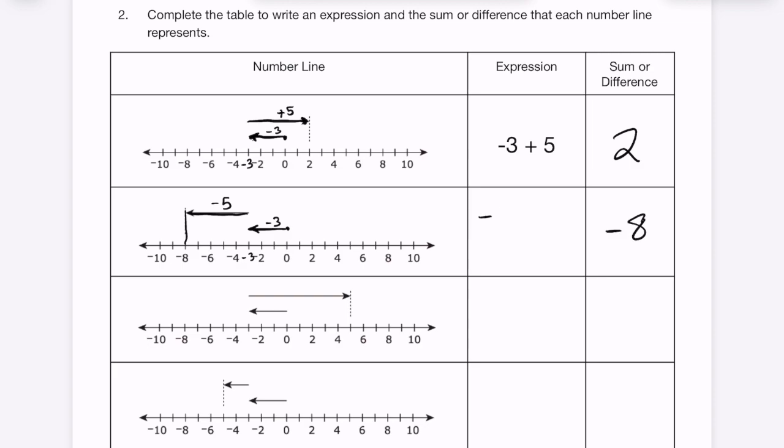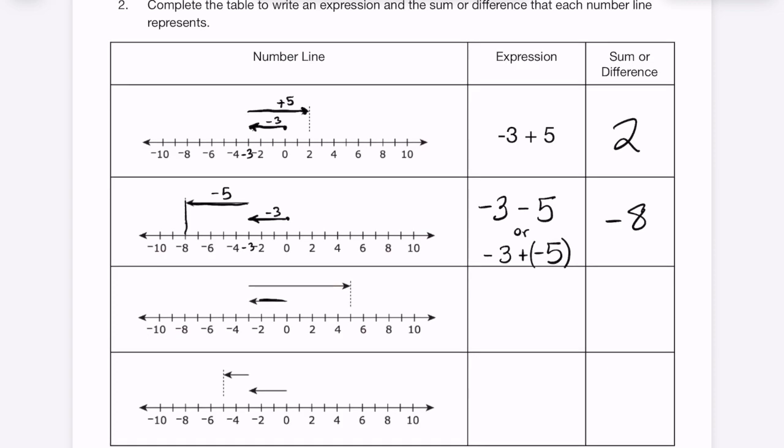We could represent this as negative 3 minus 5, or negative 3 plus negative 5, because those are equivalent expressions. Subtracting positive 5 is the same thing as adding negative 5. So either way works.